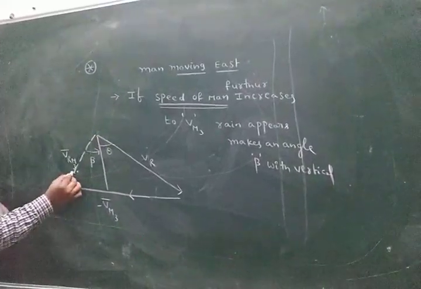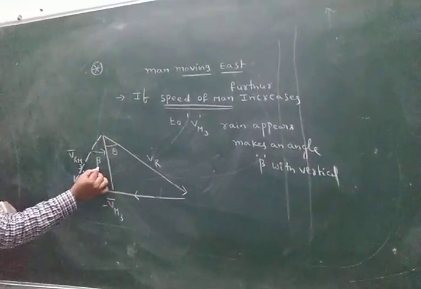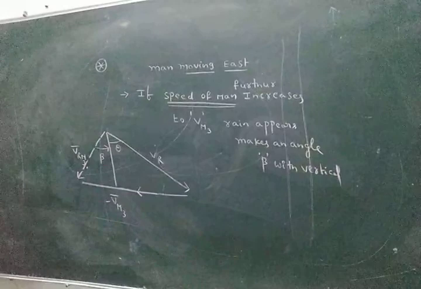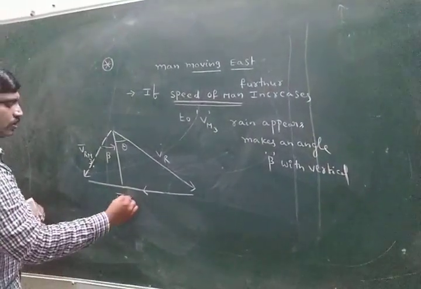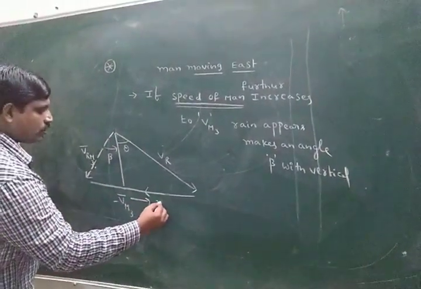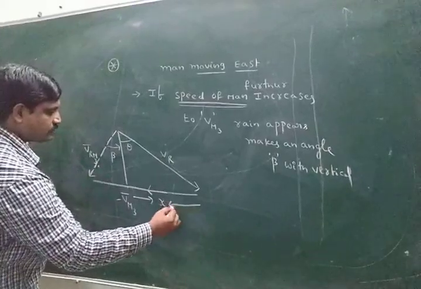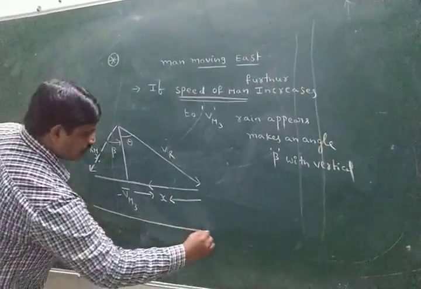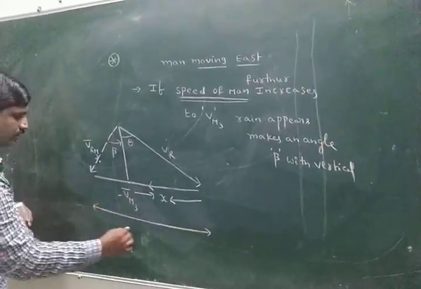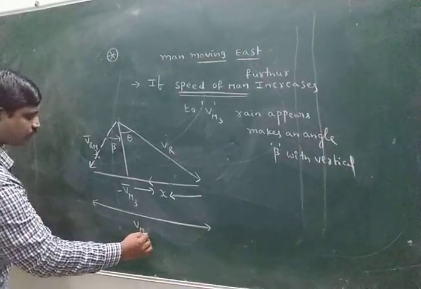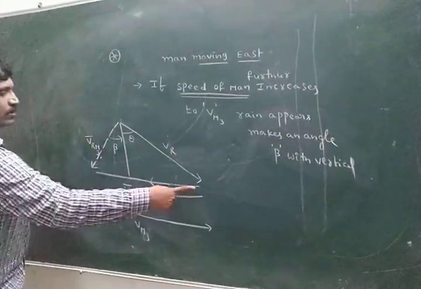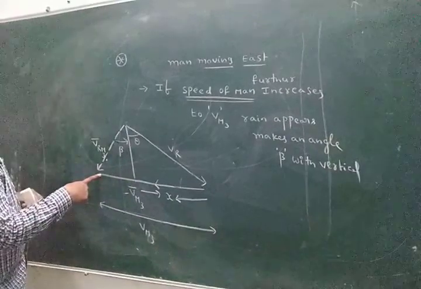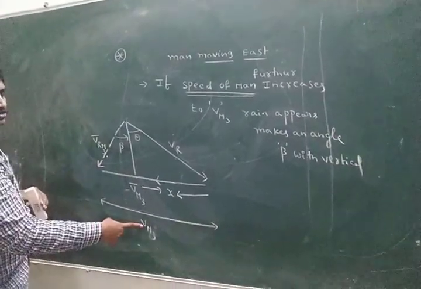Here, the umbrella makes what angle with the vertical? Beta. We know the situation. Here to here is x. Here to here, this is the man, what is the man's speed? Vm3. Once again I repeat, here to here, what is the man's speed? Vm3.